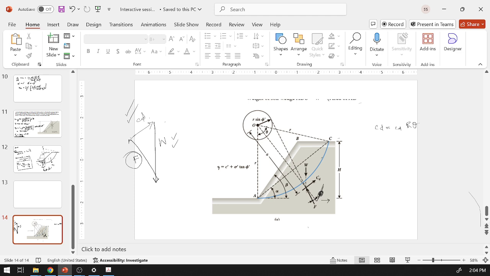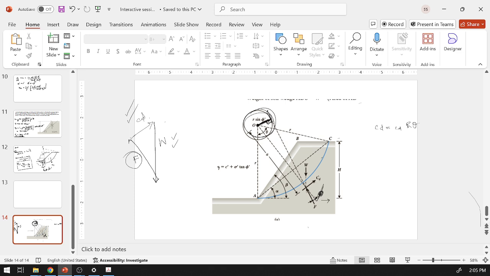So this normal will be a tangent to a circle here. So what we do here is we make a 90 degrees here. This will be r sine theta, and we make a circle here.